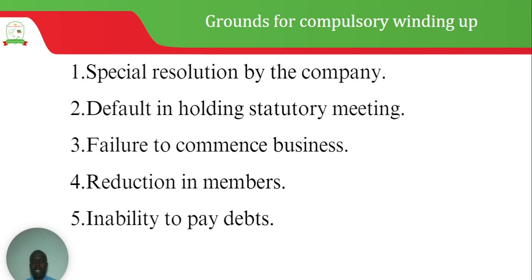So the company can resolve to stop operating. Part of the reasons would be maybe they have achieved the purpose that they set out to achieve, and through that we can hold a meeting that is going to discuss the way forward in terms of winding up.